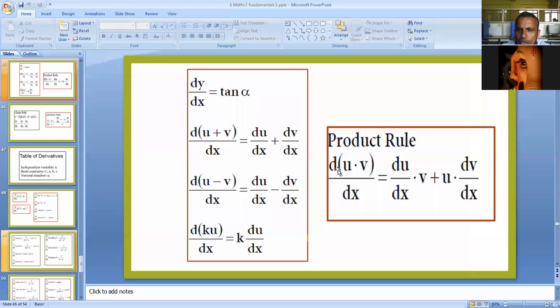Or you write in this fashion, derivative of first into second plus first into derivative of second. असं जरी घेतलं तरी सुद्धा चालू शकतं. But in every term there should be derivative of one of the terms. एका टर्मचं डेरिव्हेटिव्ह असलं पाहिजे.